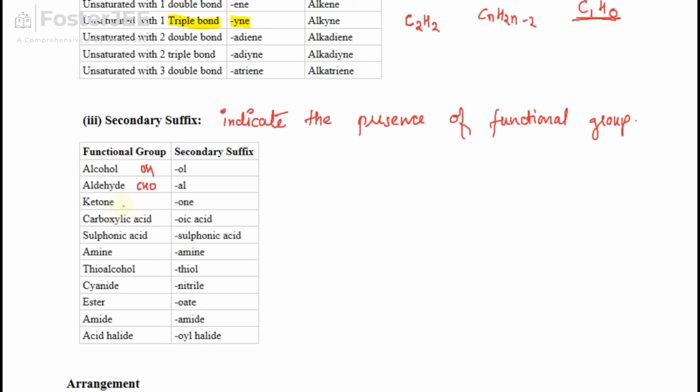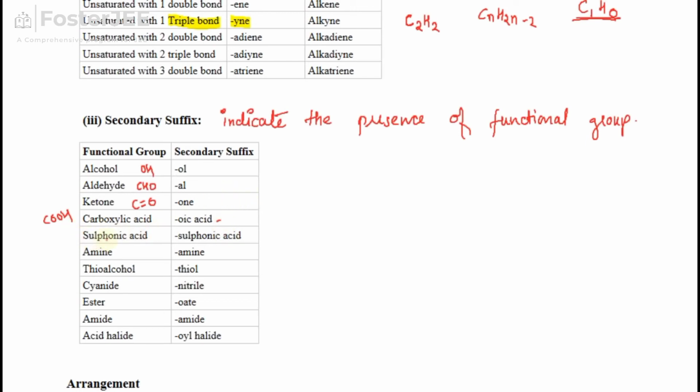If the functional group is the CO group, carbonyl group, then the suffix is one, like butanone, pentanone. If the functional group is carboxylic acid, that is the COOH group, then the suffix used is oic acid. For example, methanoic acid, butanoic acid, propanoic acid.